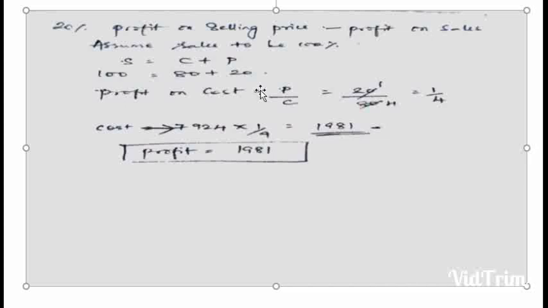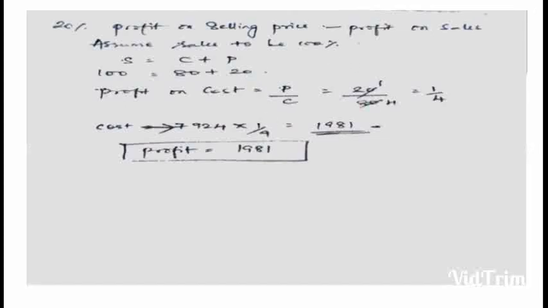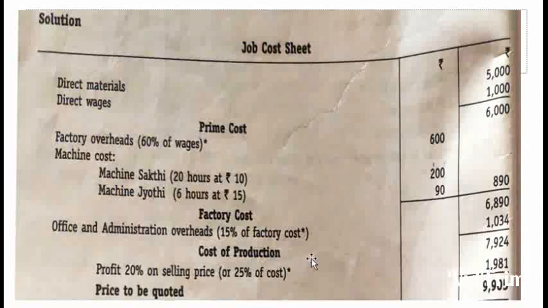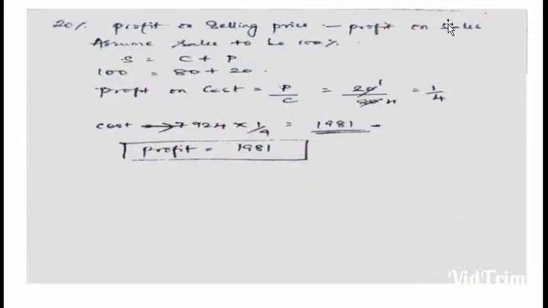So in this problem you have done the calculation till cost of production. You have still not found your profit. So you have only cost of production. Here it is profit on sales, so you need to convert it into profit on cost. So profit on cost is equal to profit divided by cost. So how much is profit? 20. How much is your cost percentage? 80%.